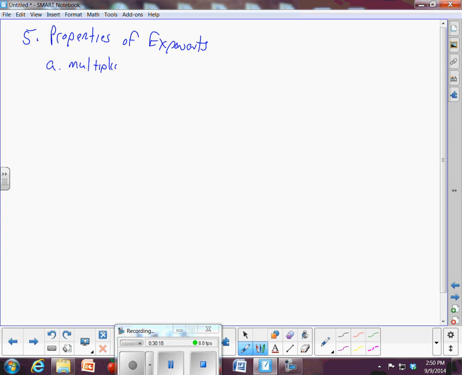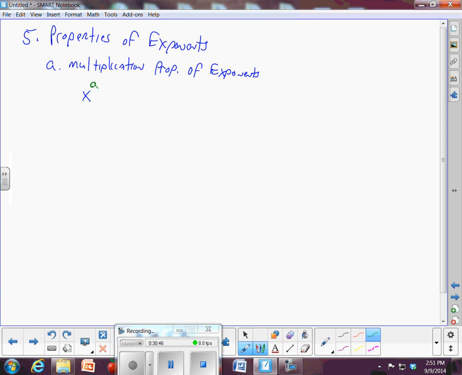Multiplication property, we can abbreviate prop, of exponents. Multiplication property of exponents. Really, this is for when you have like bases. So let's take our blue. We're going to take a blue x and then our green and make an a exponent.